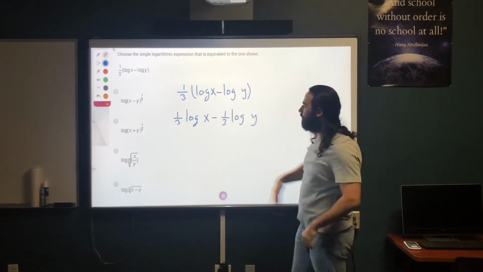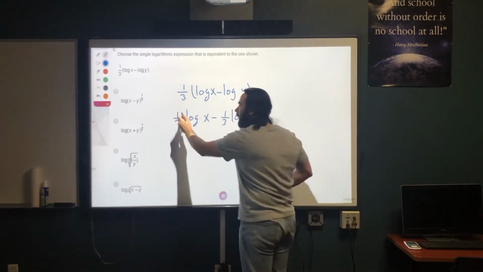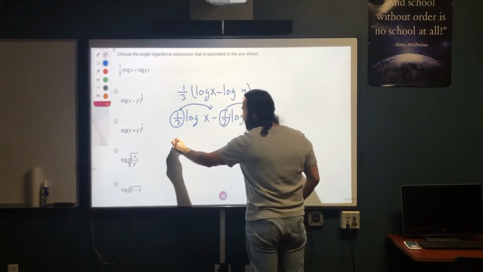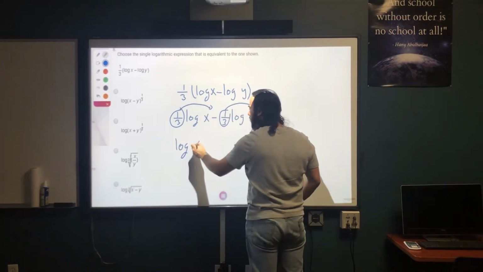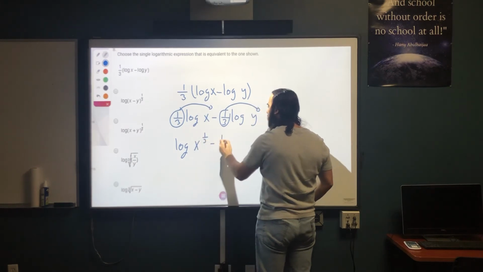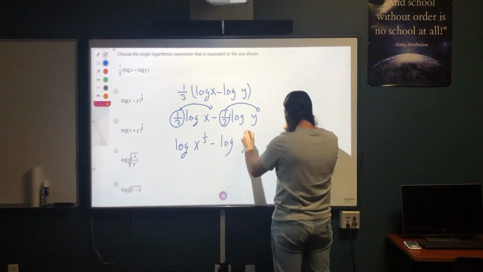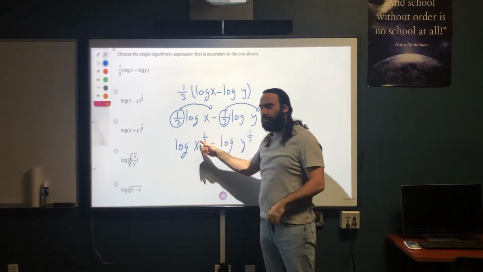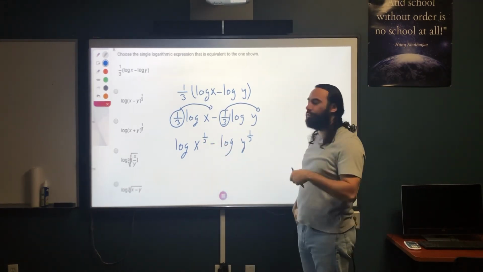After that, the 1/3 is multiplied, so we need to make it an exponent, as we learned. So it's going to be log x to the power of 1/3 minus log y to the power of 1/3. The 1/3 means it's the third radical.